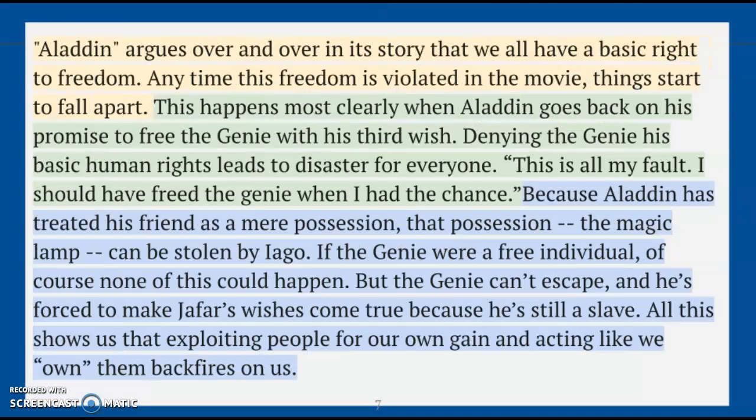In this example, we're talking about Aladdin. The point here is making a claim about what Aladdin is suggesting is true and important about freedom. This topic sentence is kind of split into two sentences. Anytime this freedom is violated in the movie, things start to fall apart.